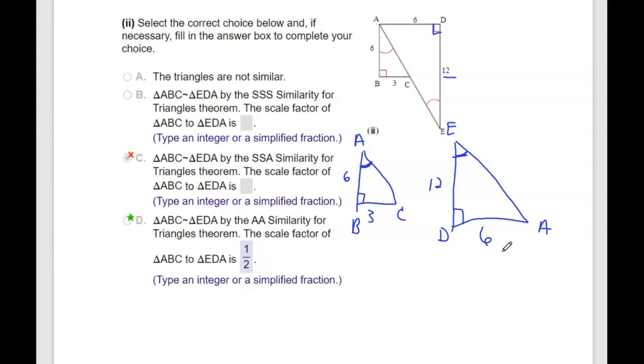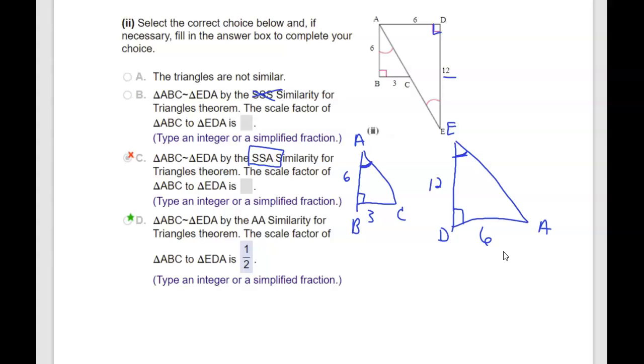Now, a couple of things. We don't have all three sides again. Here's the thing about side angle side. I'm sorry, side angle. Side angle is saying that the two sides are equal.